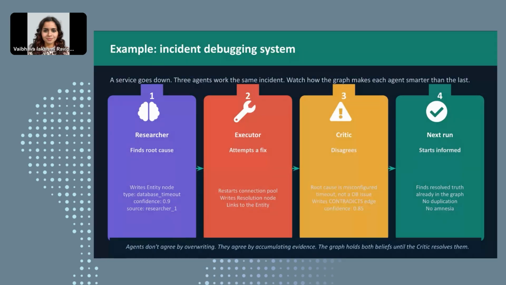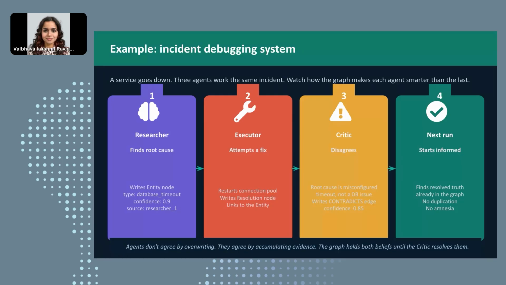So I would like to make this concrete with an example of an incident debugging system. So let's assume a service goes down. Three agents work the same incident. The researcher starts, it queries the graph for known issues related to this service, and then it pulls the relevant context from Quadrant, investigates, and identifies a root cause.